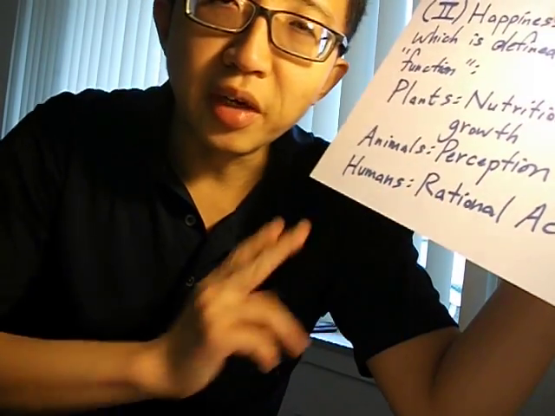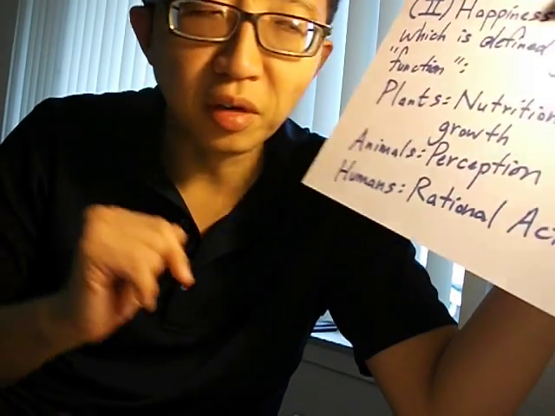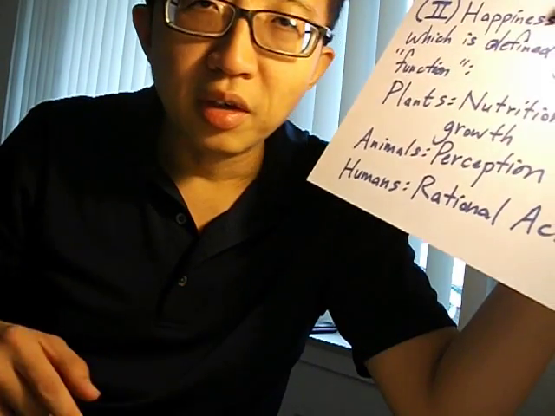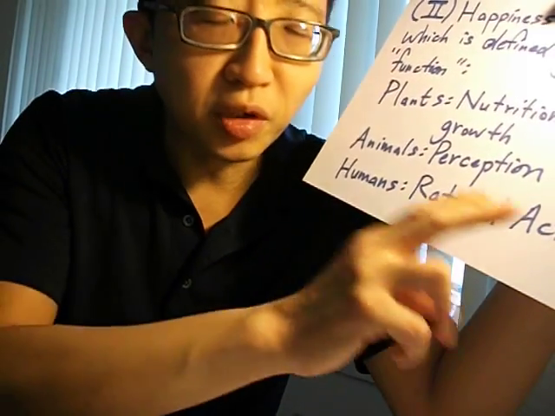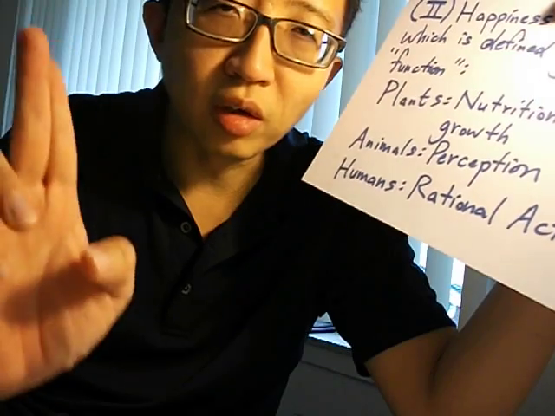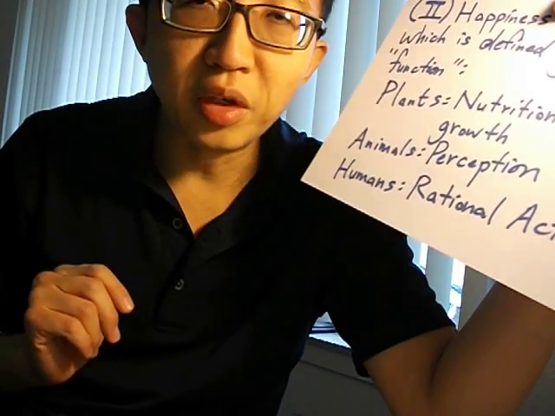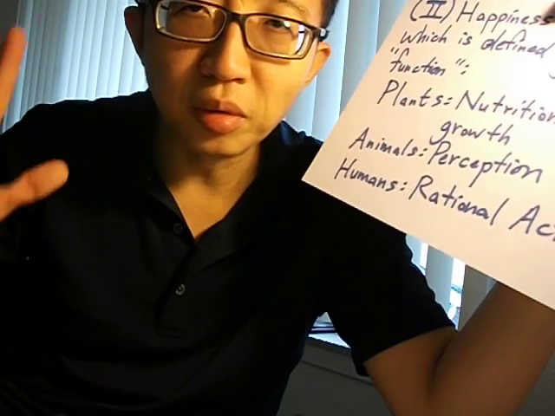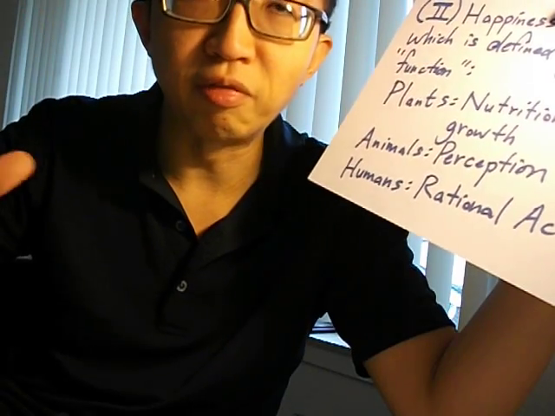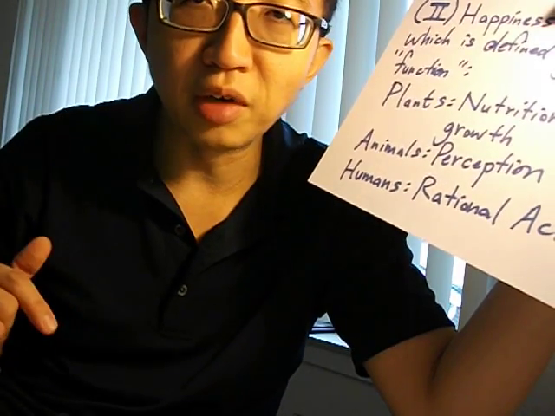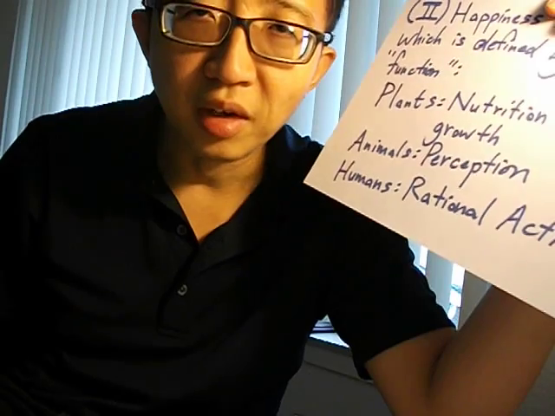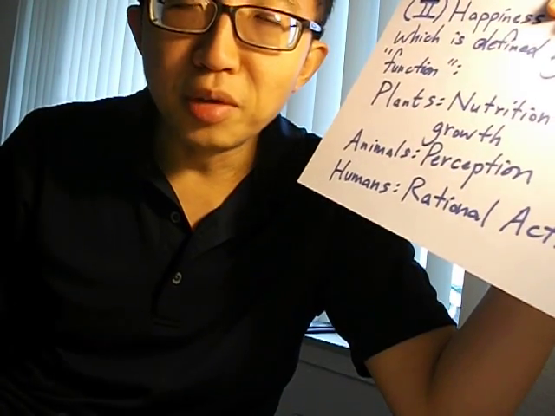So the only thing that is unique to human beings, according to Aristotle, is rational activity. And more specifically, it is rational activity in accordance with virtue. It is rational activity that allows you to live happily and in a flourishing manner among your fellow human beings in a human community. This is something that only humans can do.